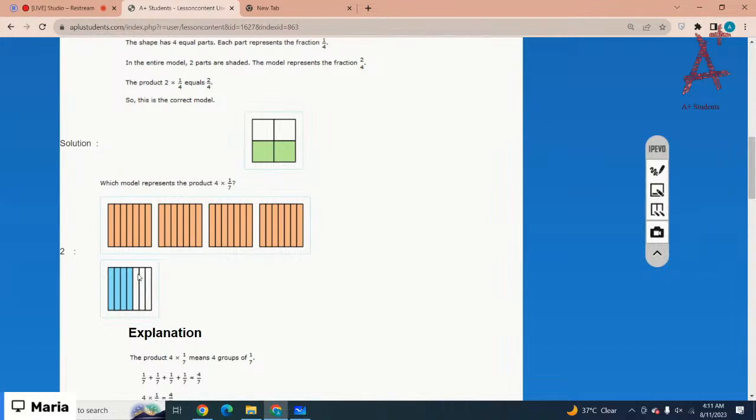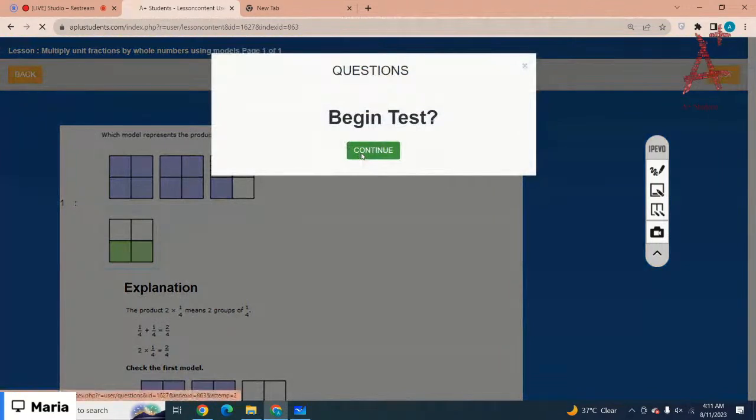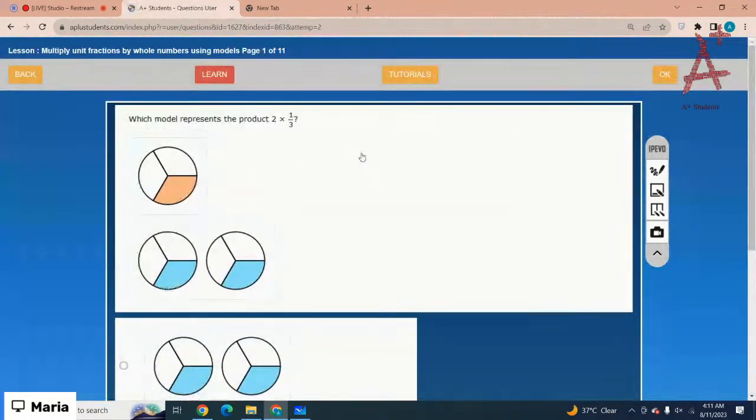Okay, let's start with the practice questions. Which model represents the product 2 times 1 over 3?